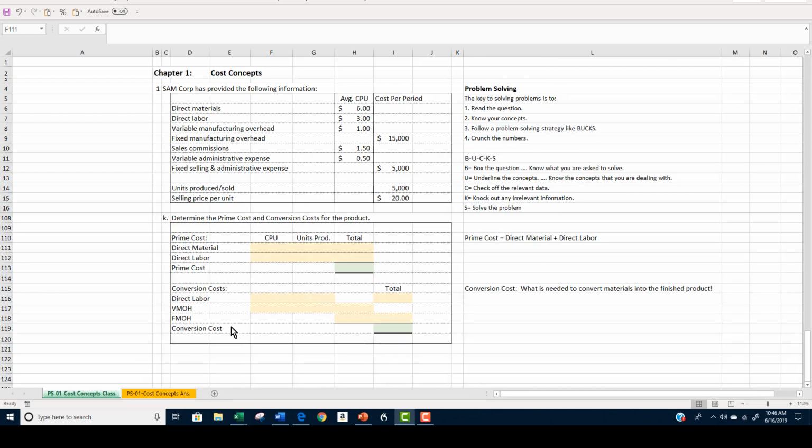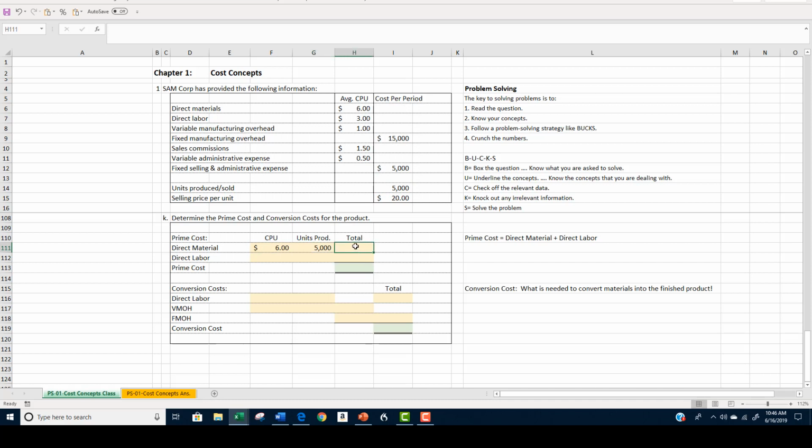Question K asks that we calculate both prime costs and conversion costs. Prime costs is made up of direct materials and direct labor. It gets its name because these two costs are what is needed to start production. For this problem, the cost per unit for direct materials was $6.